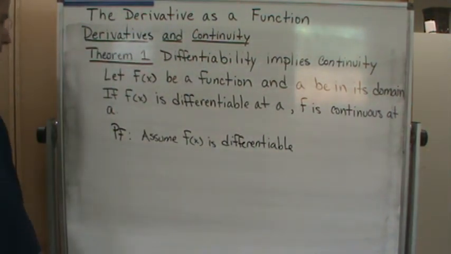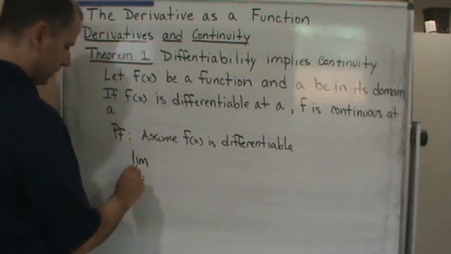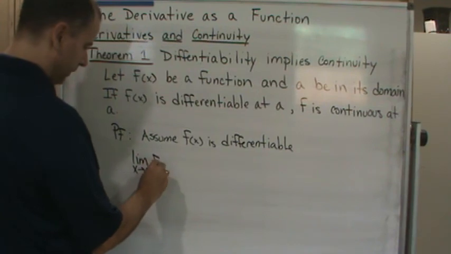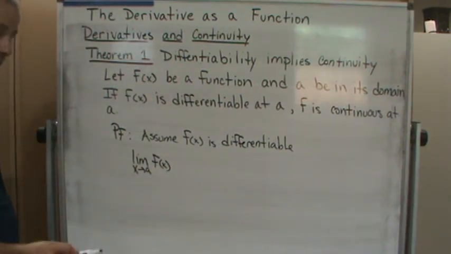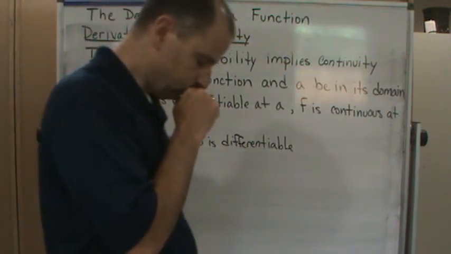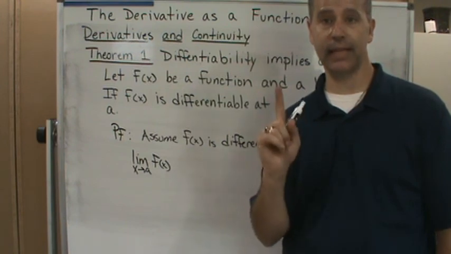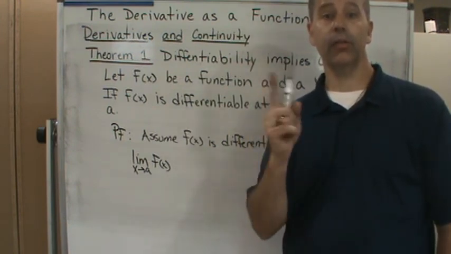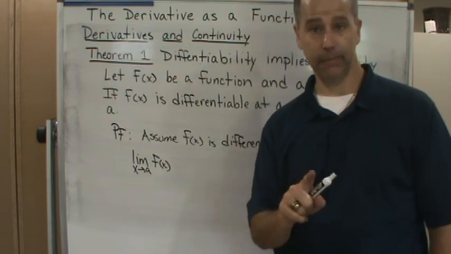Okay? So let's take the limit as x approaches a of f of x. Again, we want to get to f of a. Now here's the thing. I'm going to do some manipulations here because I need to bring in the derivative, right? I have to bring in the derivative, okay?